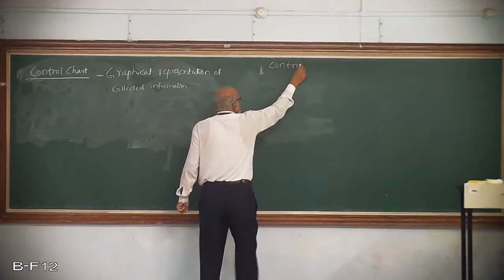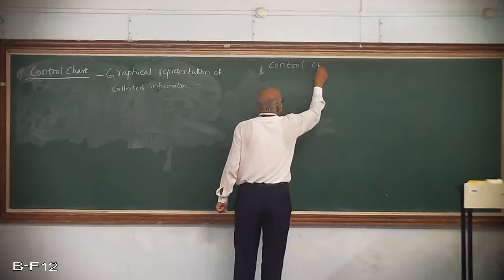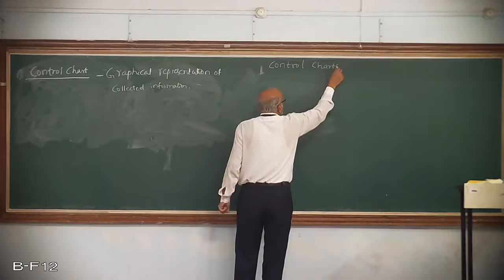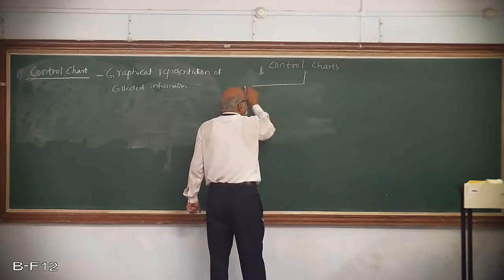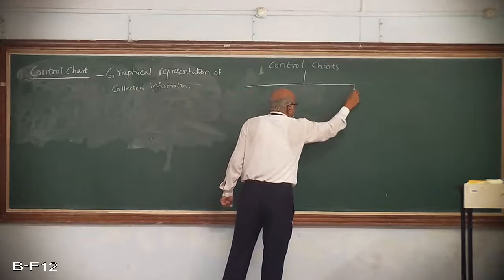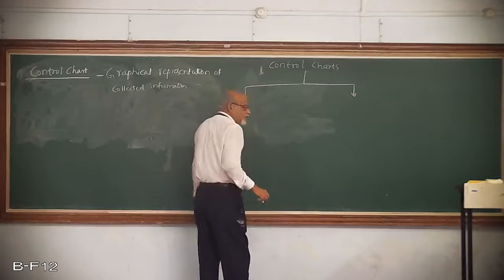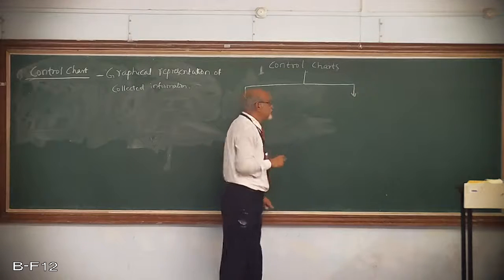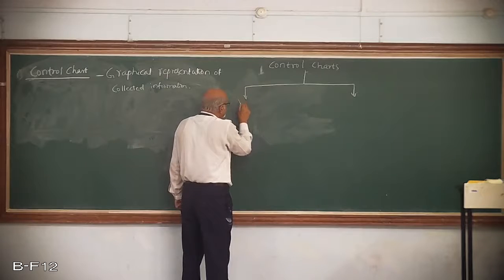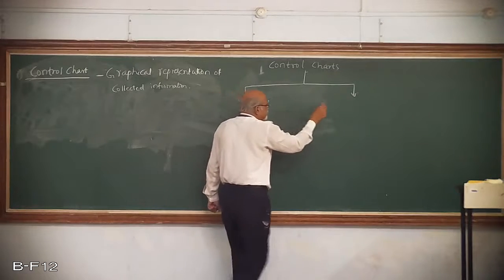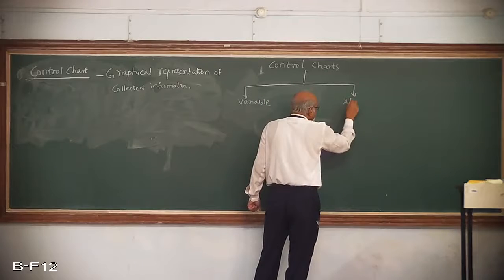Or in general, I can say control charts can be of two types depending on the type of quality characteristics. This is control charts for variable, and this is control charts for attributes.